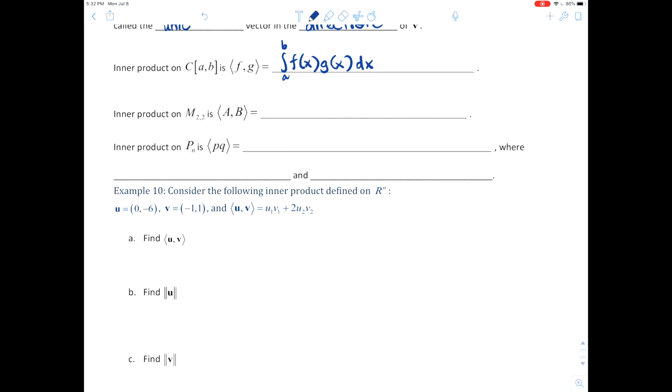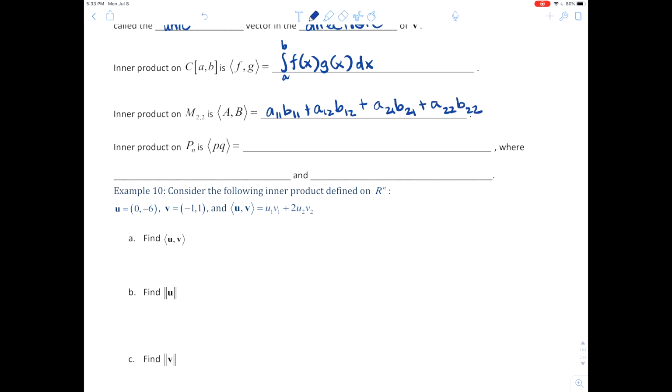The inner product on all 2x2 matrices, denoted inner product of A and B, would end up being A11 B11 plus A12 B12 plus A21 B21 plus A22 B22.